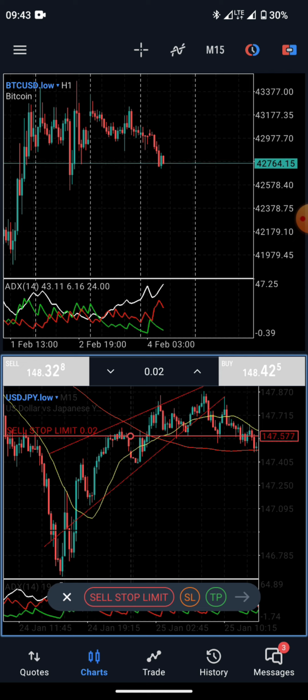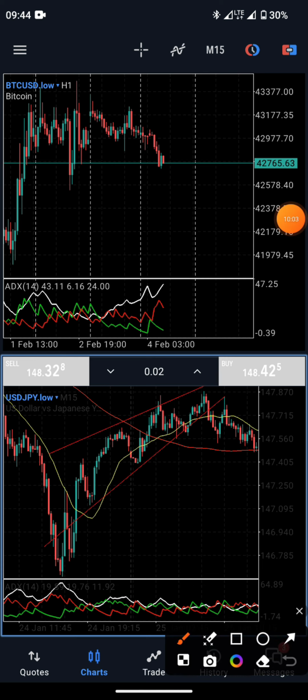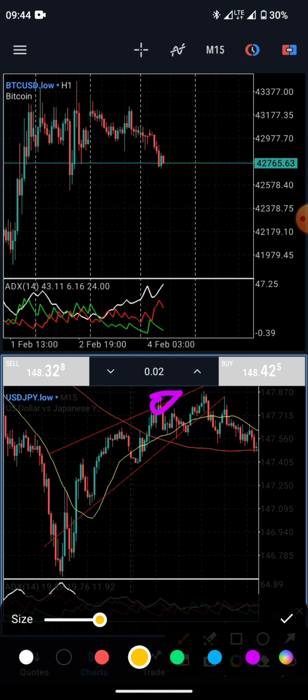I'll take that again. We have a trending market, right? You are expecting the price to get to this point because of your trend lines, but you are still expecting it to reverse down to this level before it continues going up.